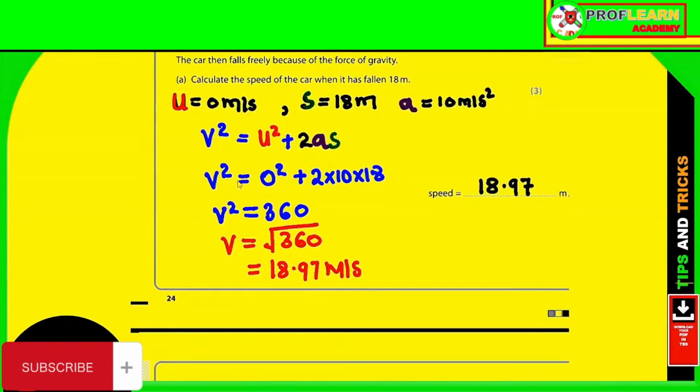We write v squared equals initial velocity squared plus 2 times acceleration, which is 10, times displacement, which is s, 18 meters. This gives us v squared equals 360. Now we can find the square root of both sides, and this translates to 18.97 meters per second as the final velocity.